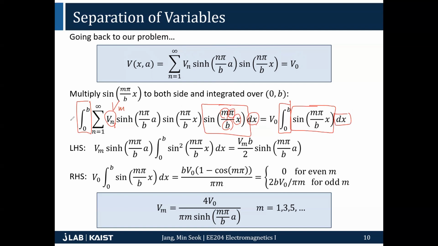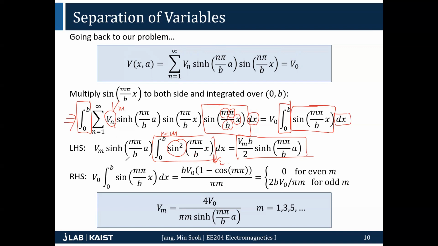And then the left-hand side becomes, due to the orthogonal property, only the n equals m term survives and all the other terms go away. So when n is equal to m, you get sine squared m pi over b x, and this is just b divided by 2, and then this is the equation.